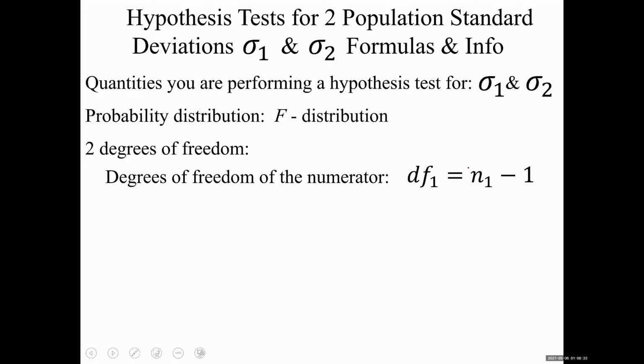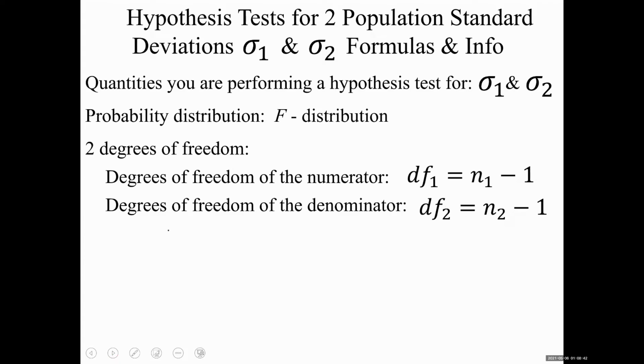So take your first sample size minus 1. We're going to call that df1. Then you're going to subtract 1 from your other sample size, and it's called degrees of freedom of the denominator. df2 equals n2 minus 1. Again, don't worry so much about the name. But you're going to need to know these 2 numbers so you know how to look up things in the F table. You'll see when we do an example in a minute. Okay, test statistic formula.